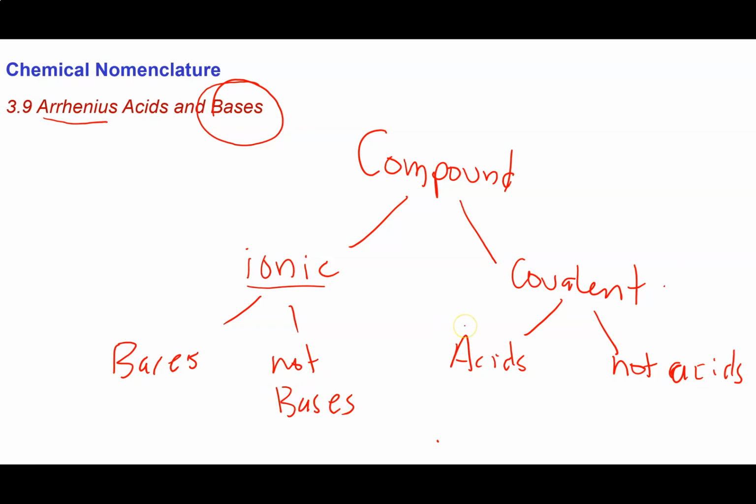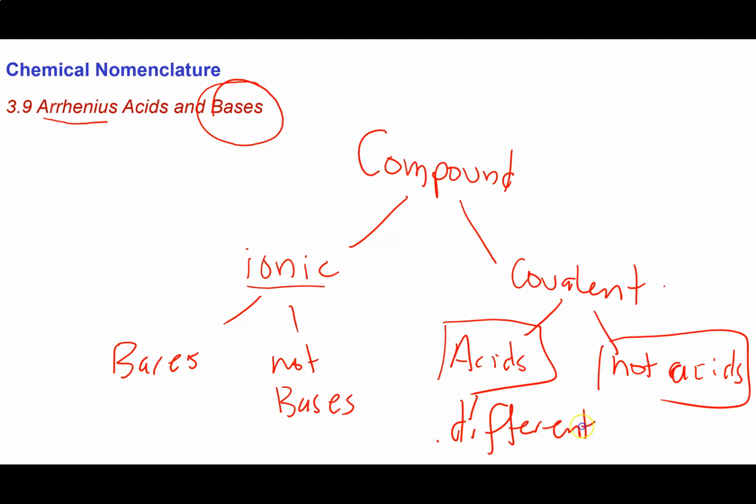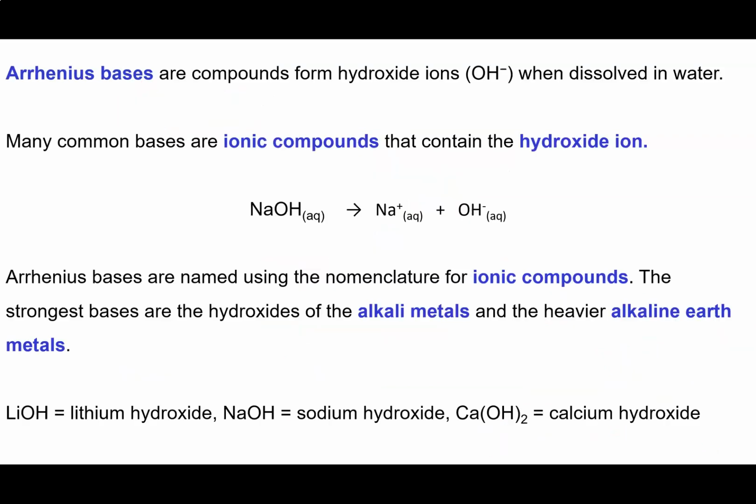However, when we classify covalent compounds as being either acids or not acids, it does affect the naming. So acids have different names from all other classes of covalent compounds. So we're going to learn how to name acids in this section.